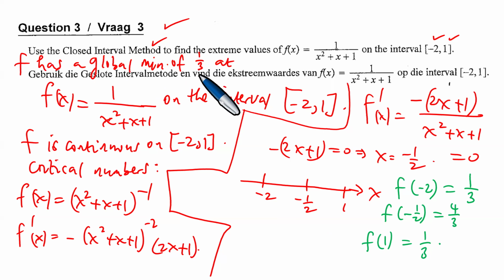We continue, and then you say f has a global minimum of 1/3 at x equals minus 2 and at x equals 1.